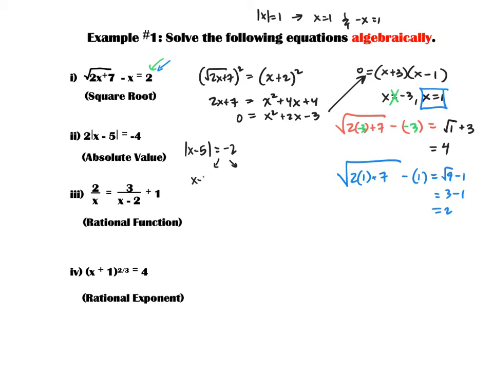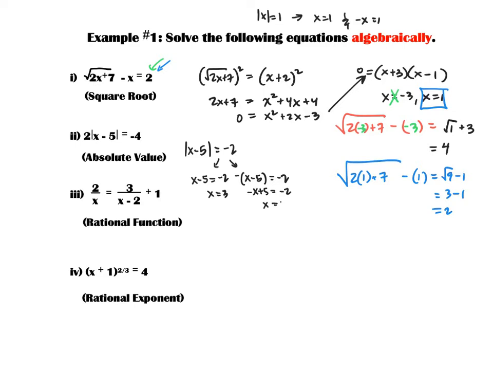Therefore, I could say x minus 5 equals -2, and the opposite of x minus 5 equals -2. So that would mean x would have to equal 3, as well as negative x plus 5 equals -2.